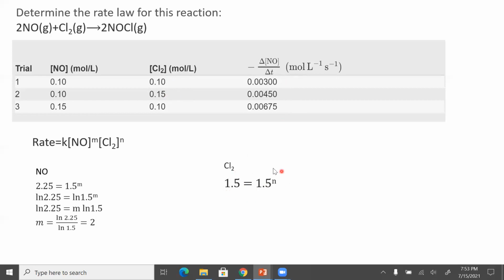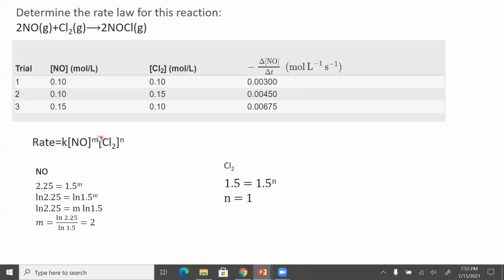Now, this is much easier to figure out n. N is 1. 1.5 to the 1 power equals 1.5. The only time you have to do this natural log stuff is if you can't just, by looking at it, figure out what the exponent is.